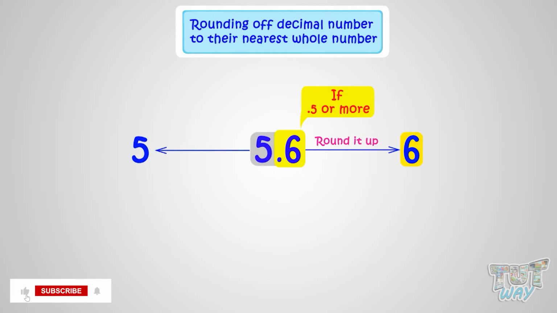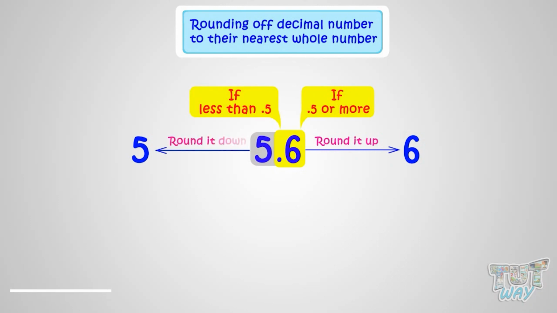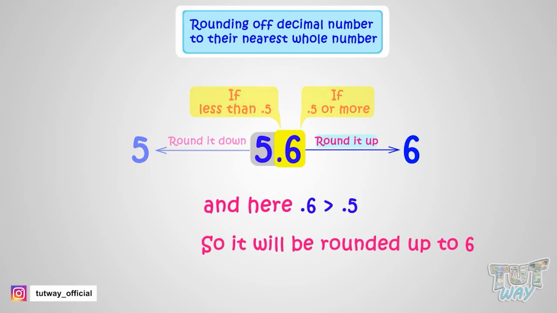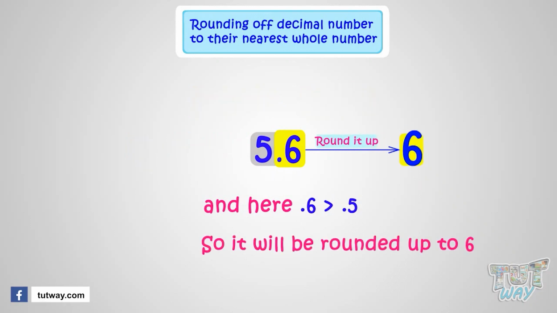And if the decimal portion is less than 0.5, we round it down, as it means the decimal portion is less than a half, or more close to the previous whole number. And in this case, 0.6 is more than 0.5. So we will round it up to the next whole number, that is 6.